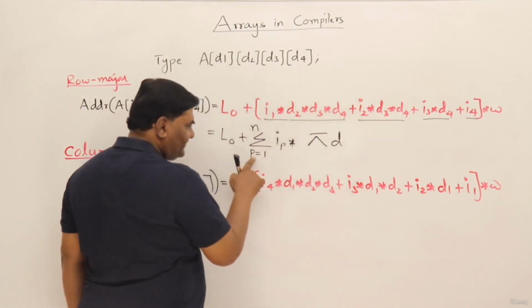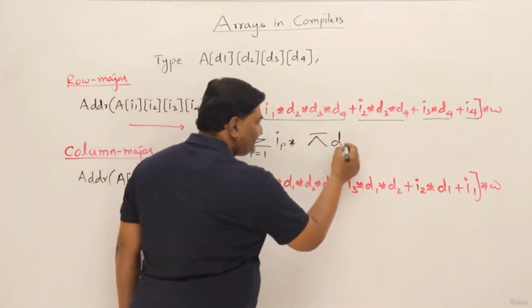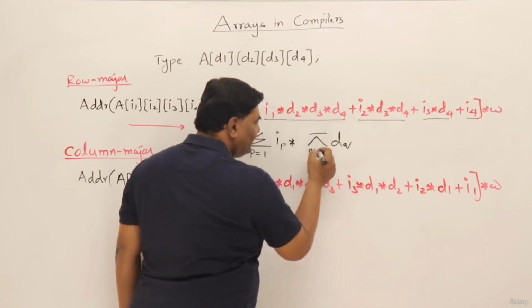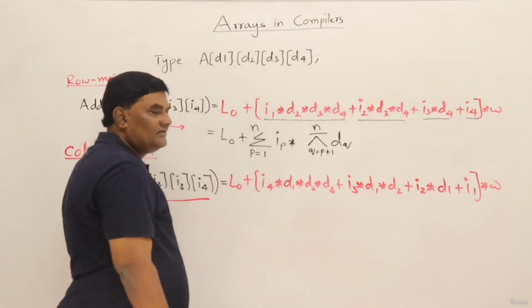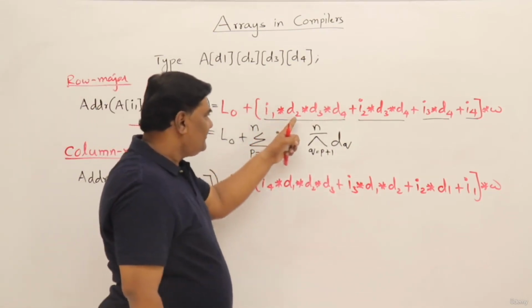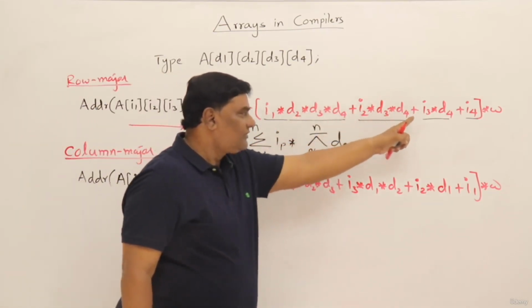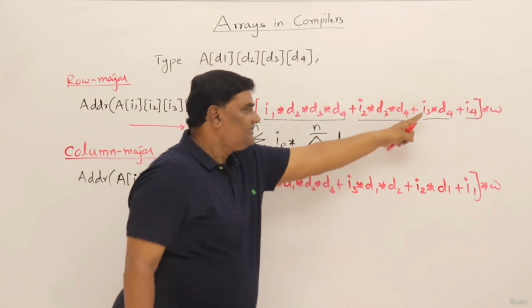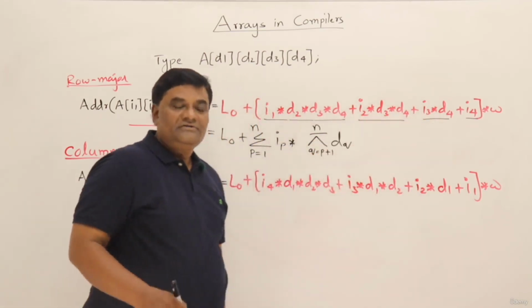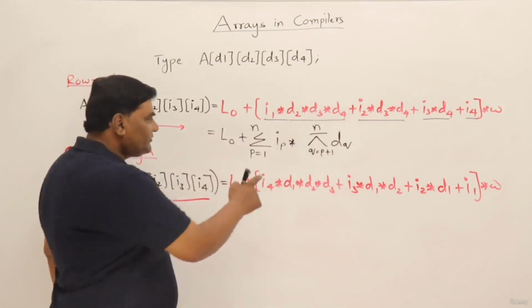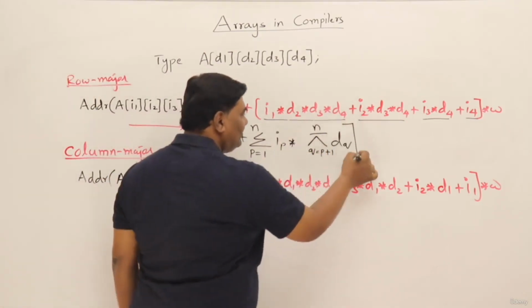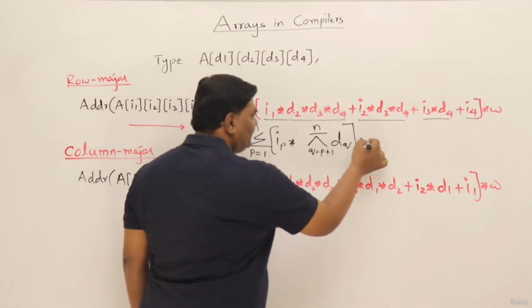So this is taking the values after P. So this is Dq, and q takes the values from p plus 1 to n. So it is going from 2 to 4, 3 to 4. This is 2, so 3 to 4. This is 3, so 4 to 4. So q takes the values from p plus 1 to 4. And this whole thing should be multiplied with W.